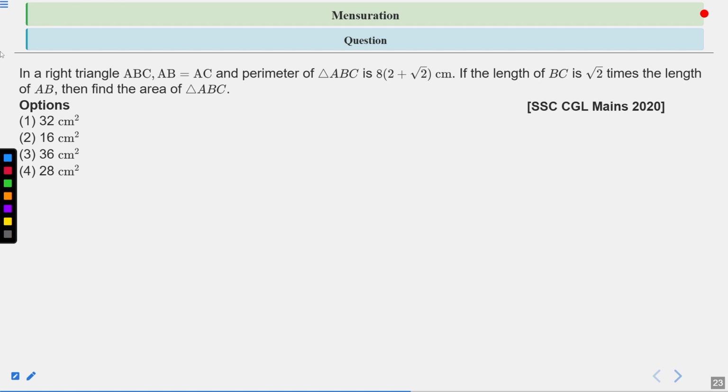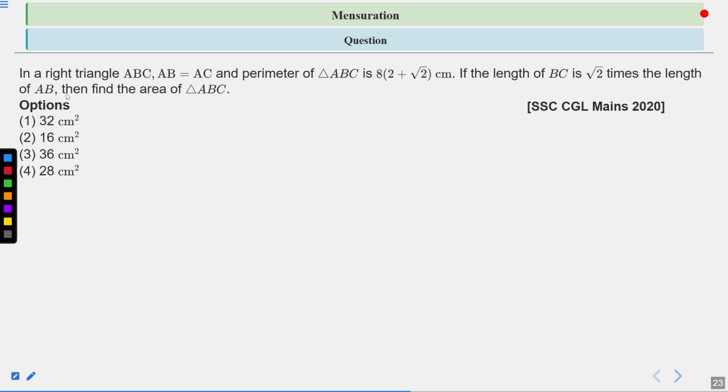Next one. In a right triangle ABC, AB equals AC and the perimeter of triangle ABC is 8 into (2 plus root 2) centimeter. If the length of BC is root 2 times the length of AB, then find the area of triangle ABC. This question was asked in the SSC CGL Mains exam in 2020. So there are 4 options.